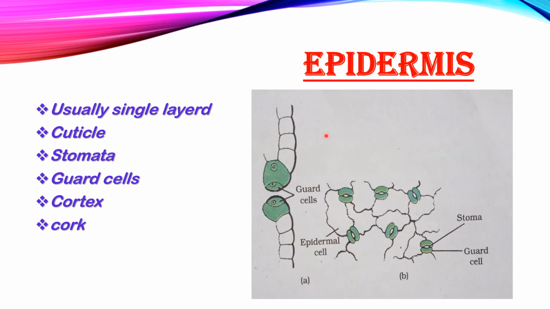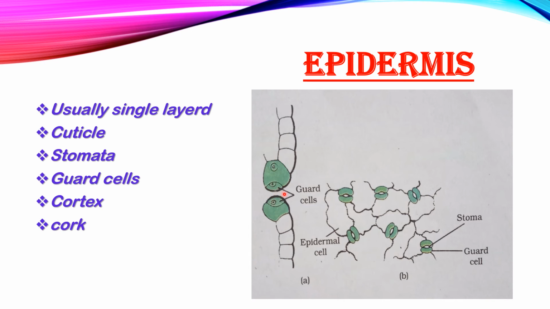Now stomata, what is stomata? Look here, it is the epidermal layer, the outer cover of plants. It has holes, you are looking here, and these holes are known as stomata. These stomata are protected by two guard cells, which are kidney shaped.